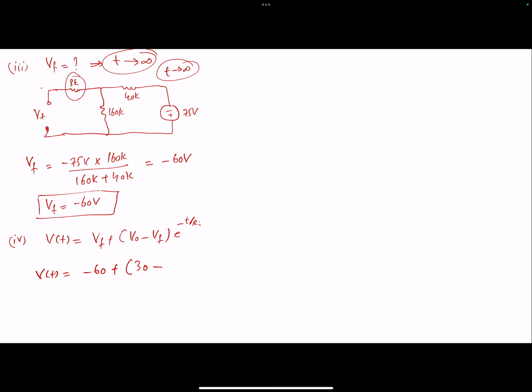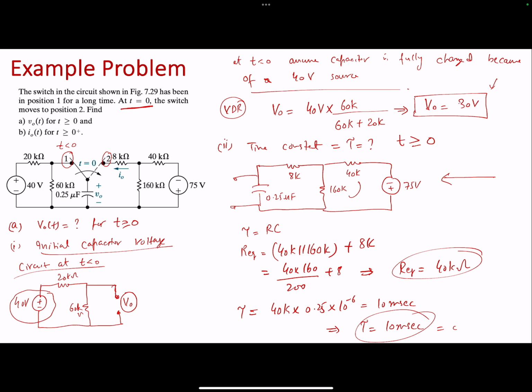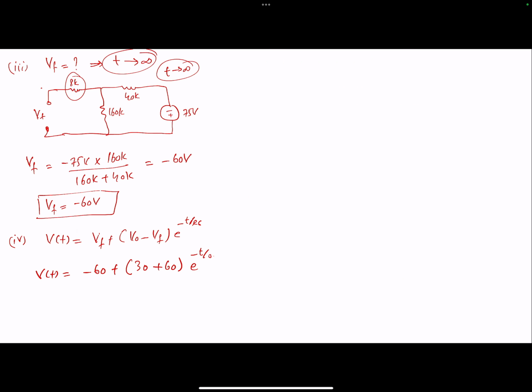30 volts minus minus 60 should come out to be plus 90 e raised to power minus t over RC, and RC is again your time constant tau, which was how much? 10 milliseconds or 0.01 second. So I'm going to do 0.01, right?